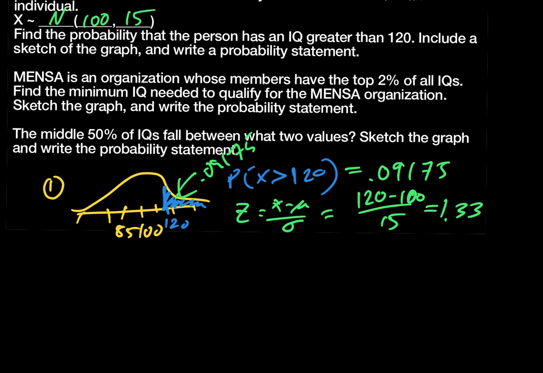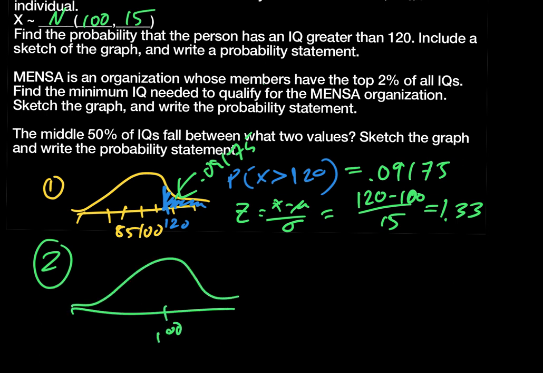Mensa. Mensa is an organization whose members have the top 2% of all IQs. Find the minimum IQ needed to qualify for the Mensa organization. Draw a picture. 100. And then I got to try to figure out, what do I do with that?